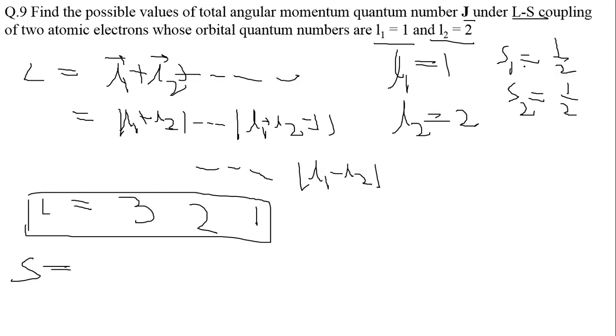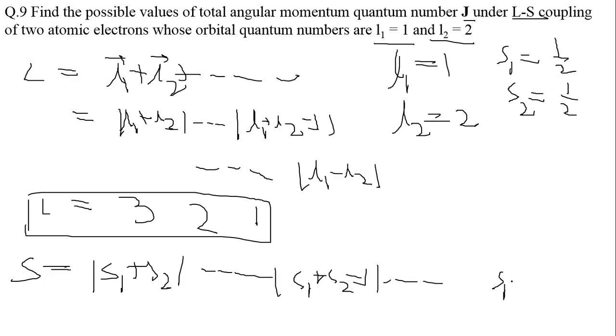So if we take S1 equal to half and S2 equal to half, then what will be S? It will be S1 plus S2, up to S1 minus S2. So for half plus half it will be 1, and half minus half it will be 0.